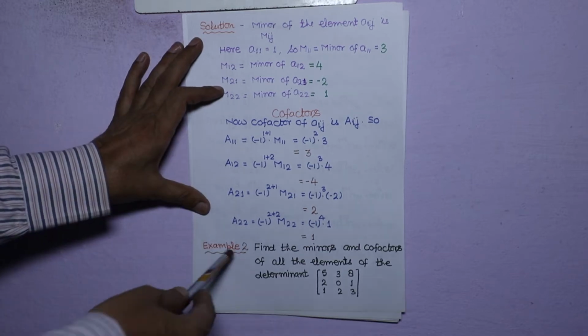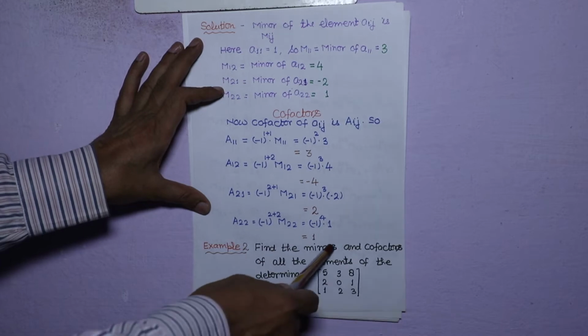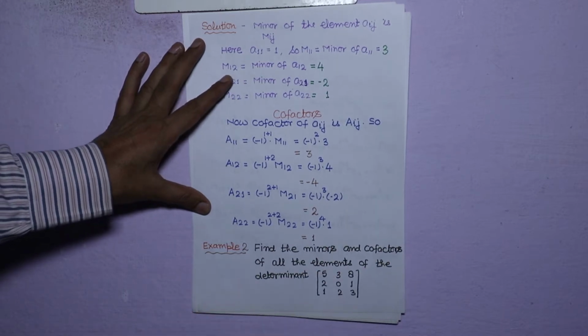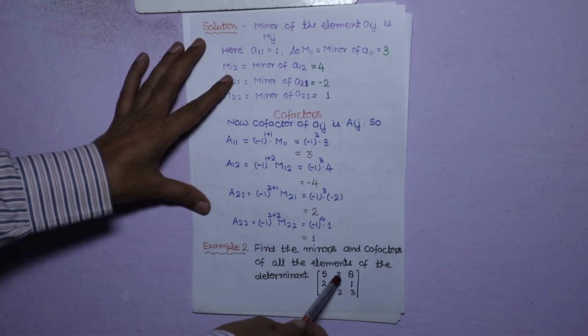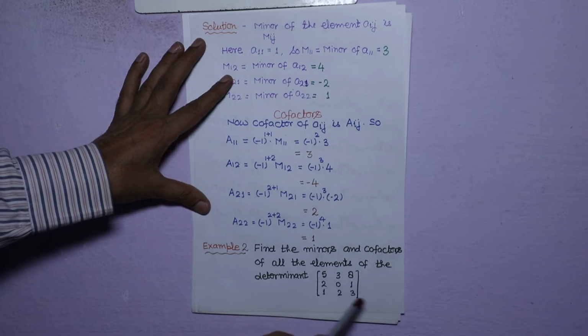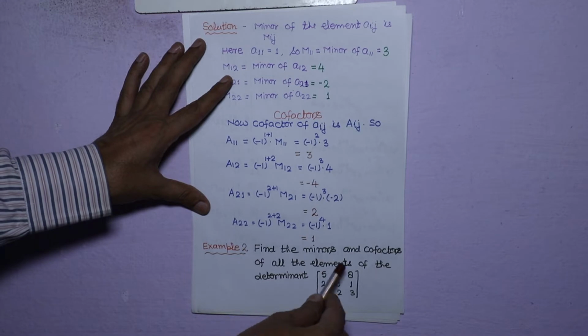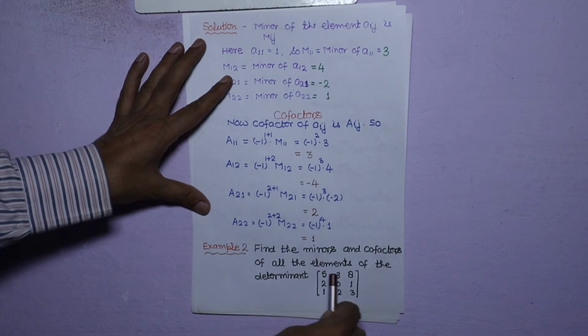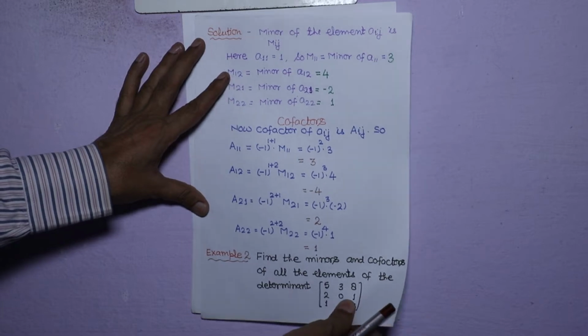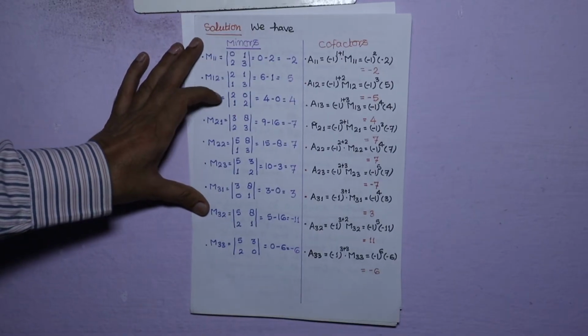Now we are taking the example of order 3. Find the minors and cofactors of all elements of the determinant 5, 3, 8, 2, 0, 1, 1, 2, 3. So minor of 5, deleting elements of first row, first column, 0, 1, 2, 3. This way you are getting minus 2.